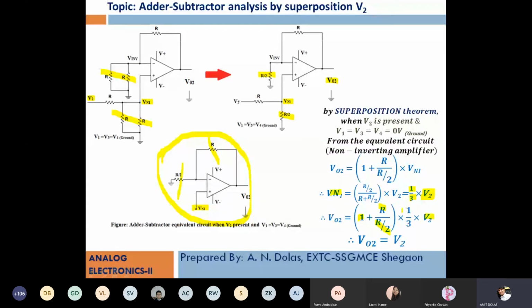So till now we have seen, using the superposition theorem, that the output due to source V1 is V01 equal to V1, V02 is equal to V2, V03 is minus V3, V04 is minus V4. So the composite, that is, the effect of V1, V2, V3 and V4 all together will give such an equation.